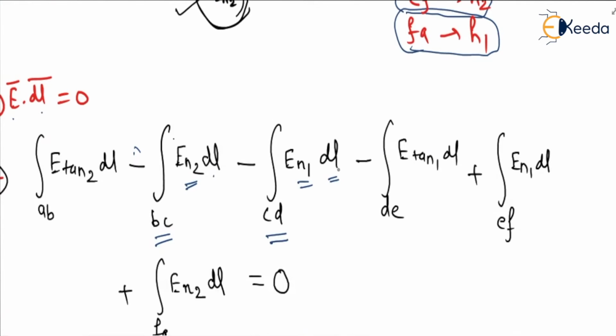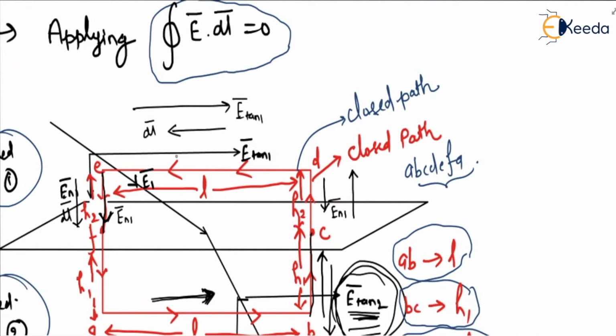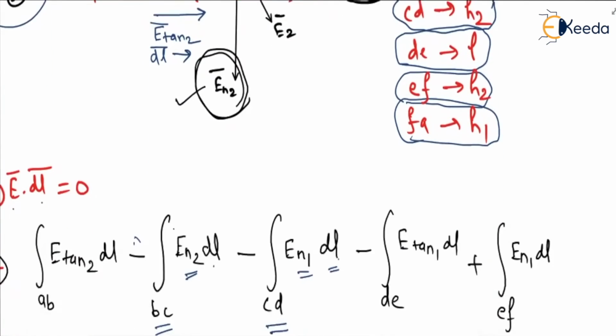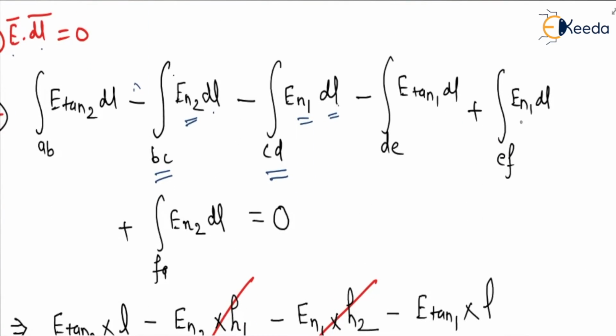Similarly, minus of En1 dl, and then minus of Et1 dl. Why are we taking the minus sign? Because Et1 is in this direction as mentioned, and dl vector is in the opposite direction. They both are making a 180-degree angle. That's why we are taking the minus sign.